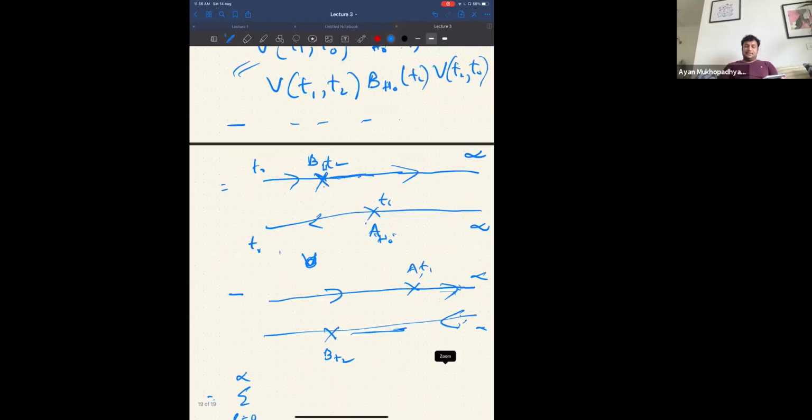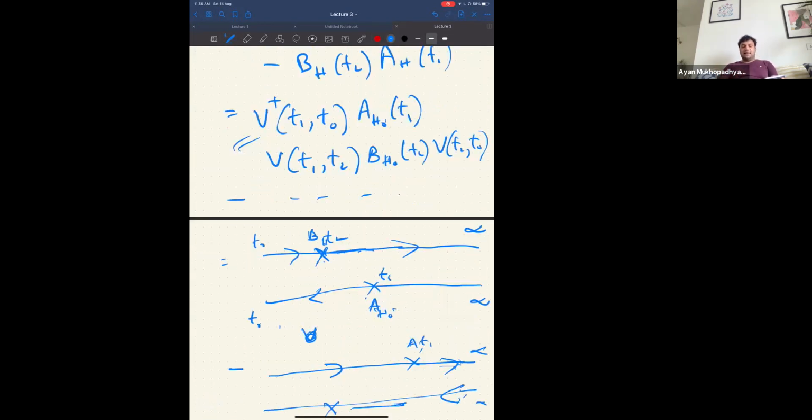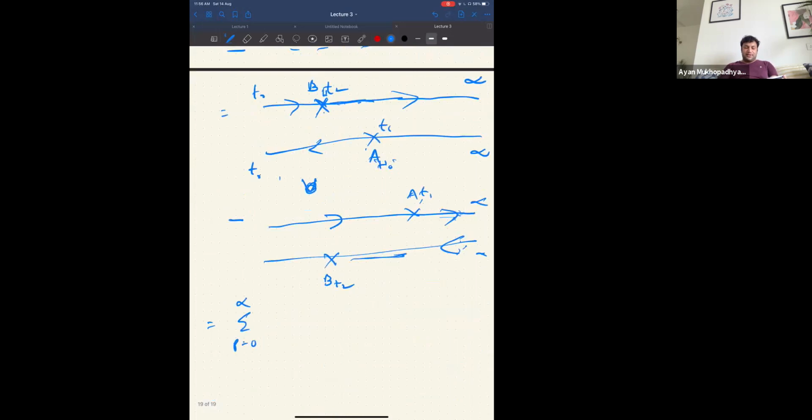Look, first of all, what do you mean by physically? For the moment, I'm simply doing some maths, and here I'm talking of contour ordering, right? So this is what I'm going to write now. Let me write this expression, and maybe then you will see. Minus i to the power p by factorial p h bar to the power p. And this is again the closed time contour, which goes from t0 to infinity and then comes back from infinity to t0.